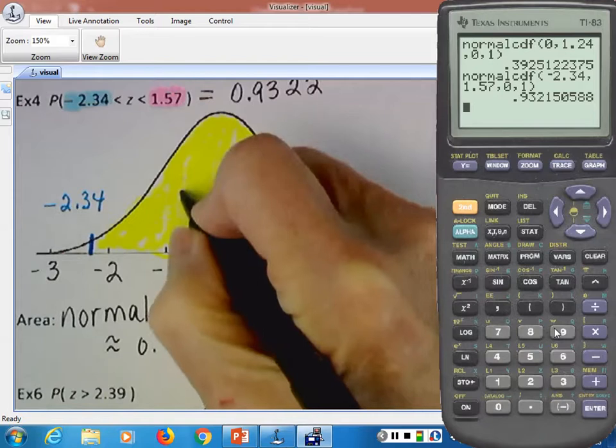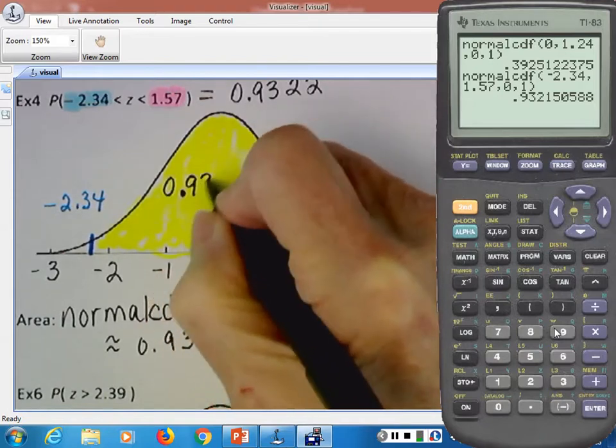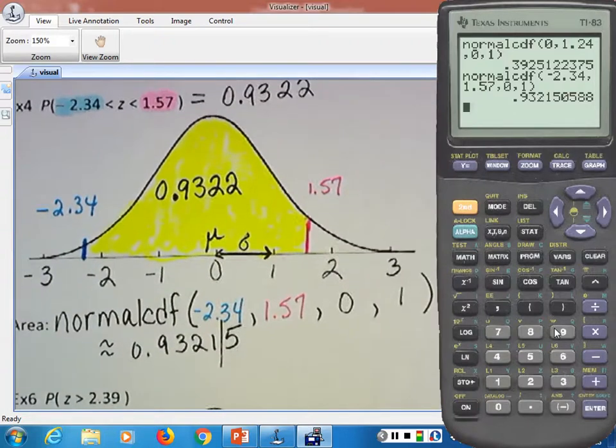And that's this area in the yellow. So remember, the answer we're getting here is a probability, which is represented by the area under the curve.